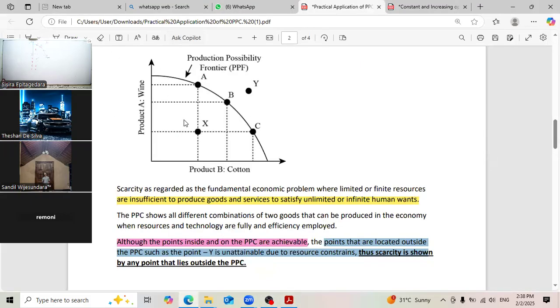This curve. What are the two products here, Sitma? Wine and... Or you can take a screenshot and complete it later. What is your approach? Do you need time to complete it?